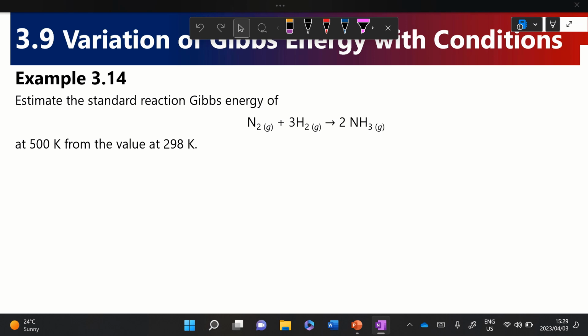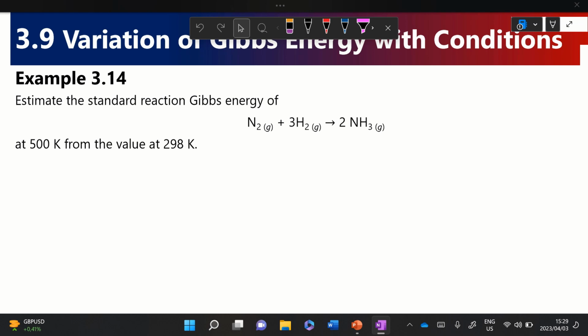So we're going to need to integrate the Gibbs-Helmholtz equation to give us another equation that we can use to calculate the Gibbs energy at a higher temperature. So that's essentially what we need to do. Okay, so how do we do that?